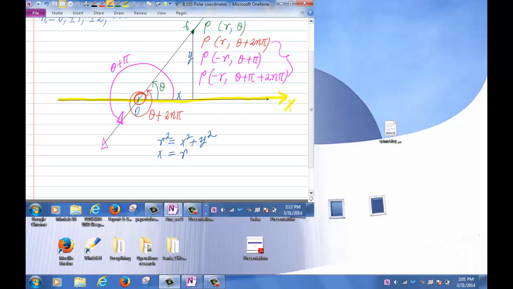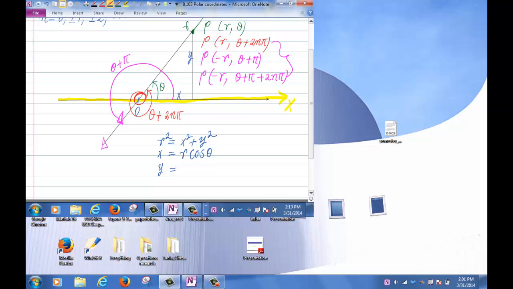In the same way, y is the opposite side, so y over r is sine theta, so y would be r sine theta.